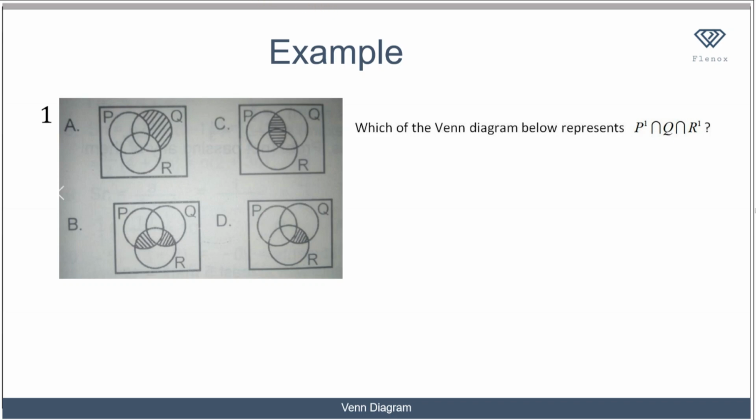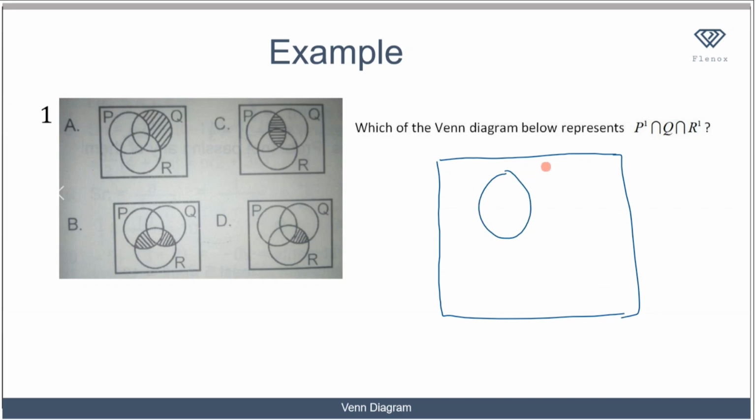Start out by drawing the universal set like we already know. You draw that out and you write out the subsets. You draw them out. So you have P and you have Q and you have R. First I need to identify P prime or P complement, and as I have defined before, P complement represents everything that is not in P but is in the universal set.